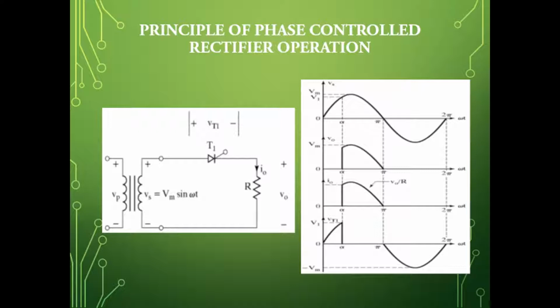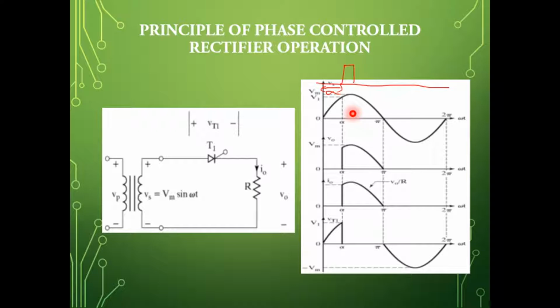Yes, I'll represent the gate signal here. So gate signal is applied at this interval, right? This is alpha. Now, during the positive half cycle of the input, that is during this interval, the thyristor will be forward biased, okay, but it will not conduct.